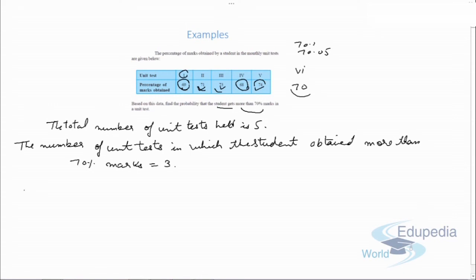So the probability of scoring more than 70% marks will be 3 upon 5, which comes out to be 0.6. So the probability of scoring more than 70% marks in a unit test by a student is 0.6, or we can say 60%. This is how we have to solve this type of example. Let's move on to the next example.